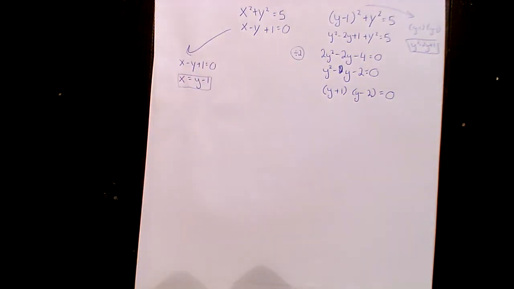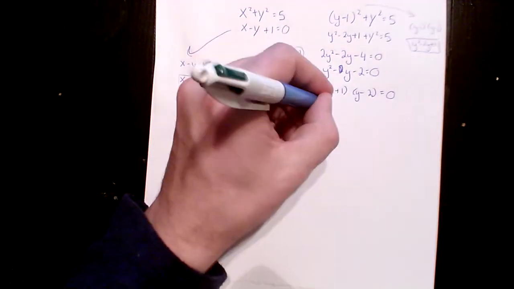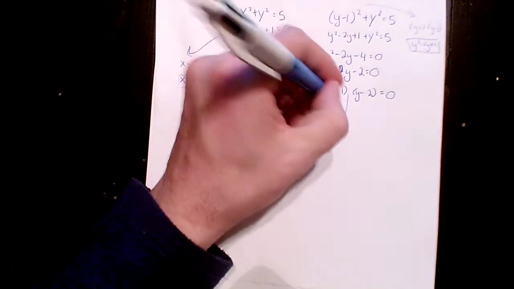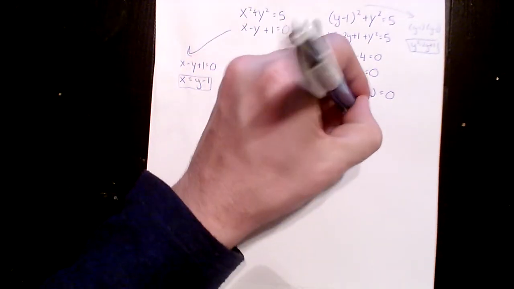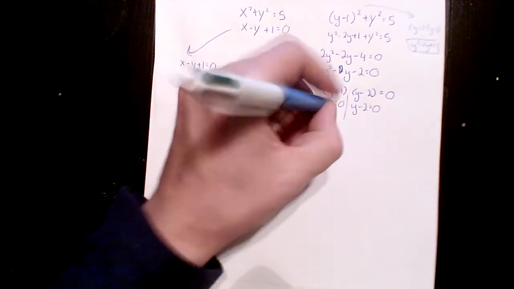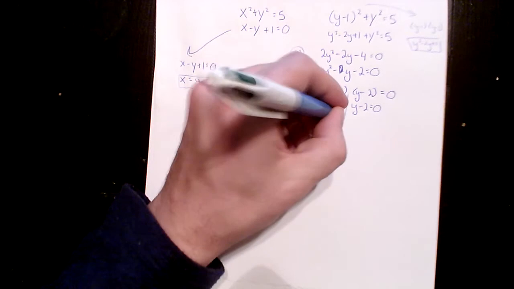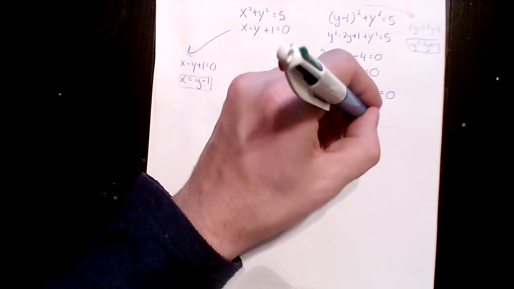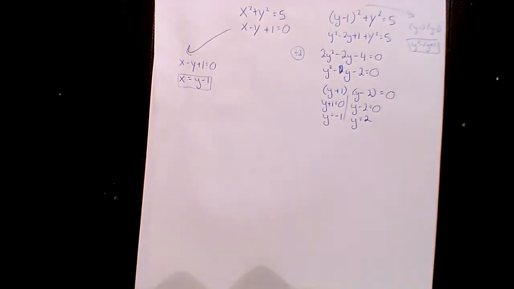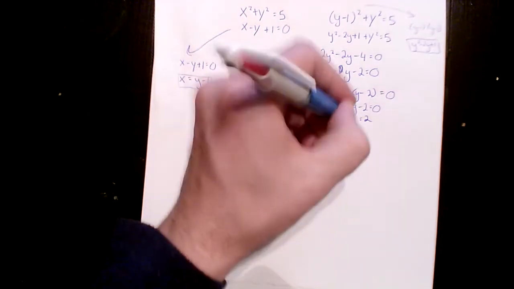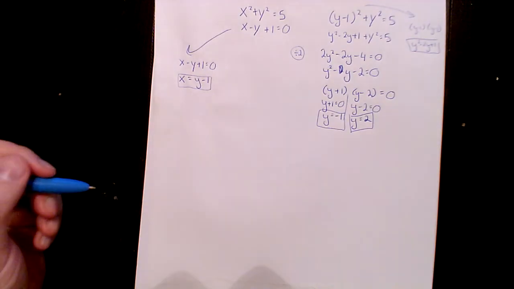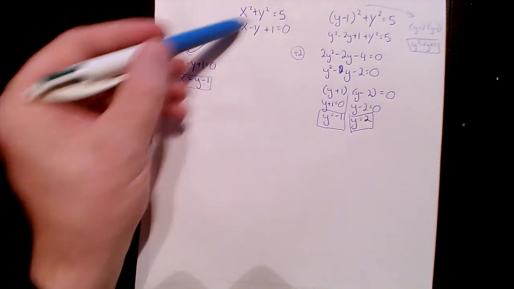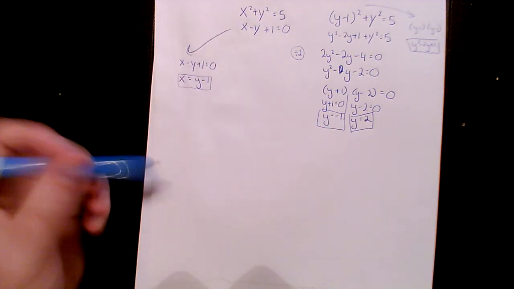Anyway, what we do now is we let both of these equal 0. So y plus 1 equals 0, so y equals minus 1, and y minus 2 equals 0, so y equals plus 2. So I have two answers for y. Take one of these answers, put it back into this equation, see what x is.